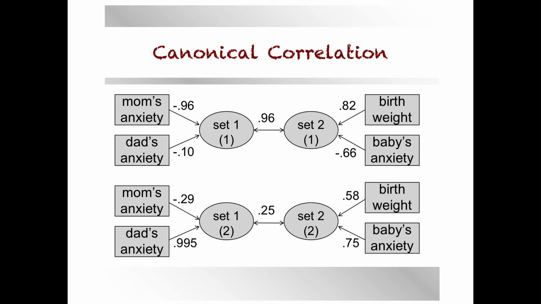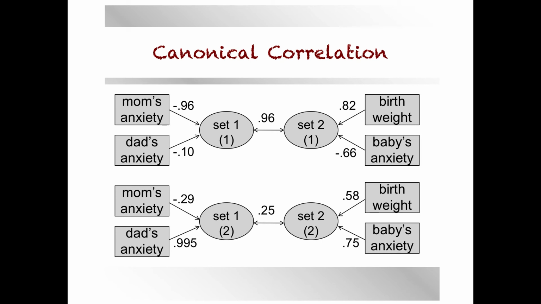Dad's anxiety is not as strong there, negative 0.1, and those are negative values. So the higher the mom's anxiety, the lower the overall set 1 value. What that tells us is set 1 is like a lack of anxiety. Parents' lack of anxiety is correlating highly with a high value on set 2, baby's health. So a lack of anxiety represents a higher value on baby's health.